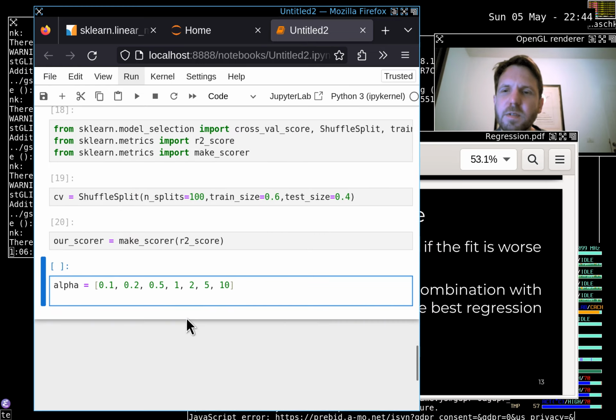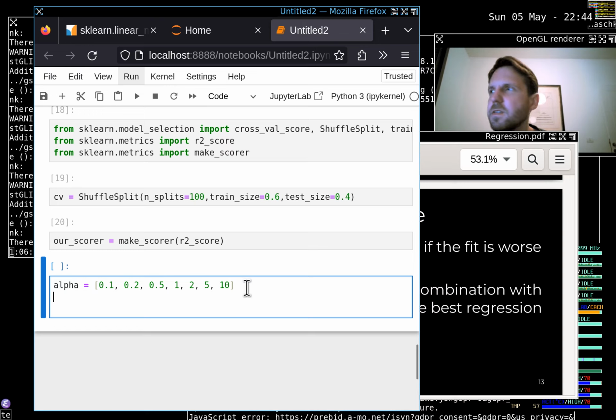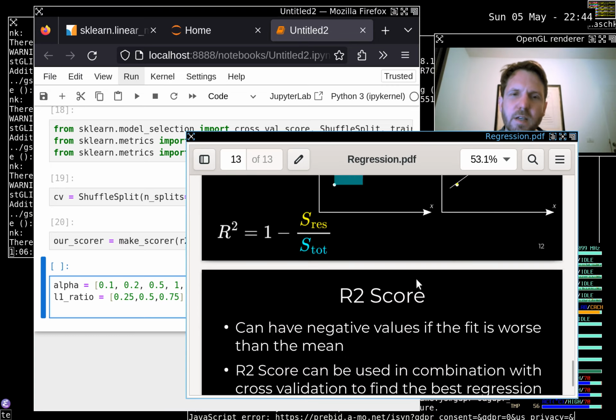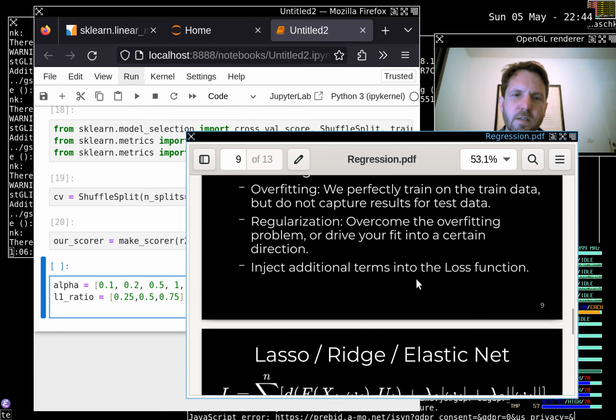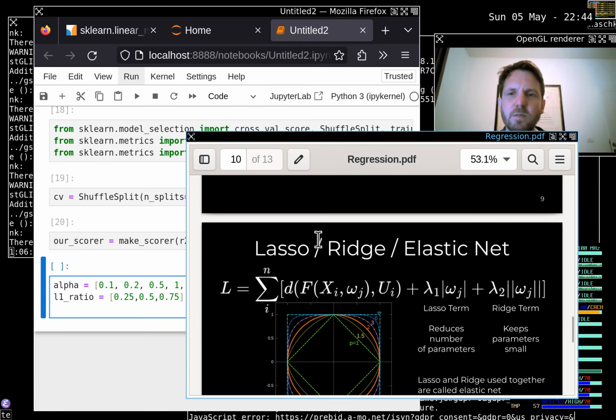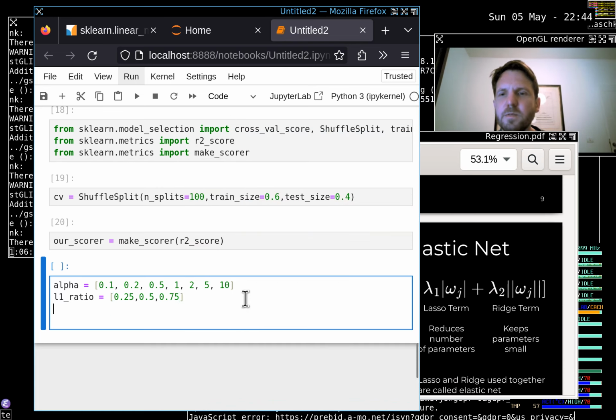So let's pick the alpha value a bit higher to have some fun with this. And let's take the L1 ratio. For the L1 ratio it's very easy. We do 0.25, 0.5, and 0.75 in order to shift this between lambda 1 and lambda 2 here. This is what we do.